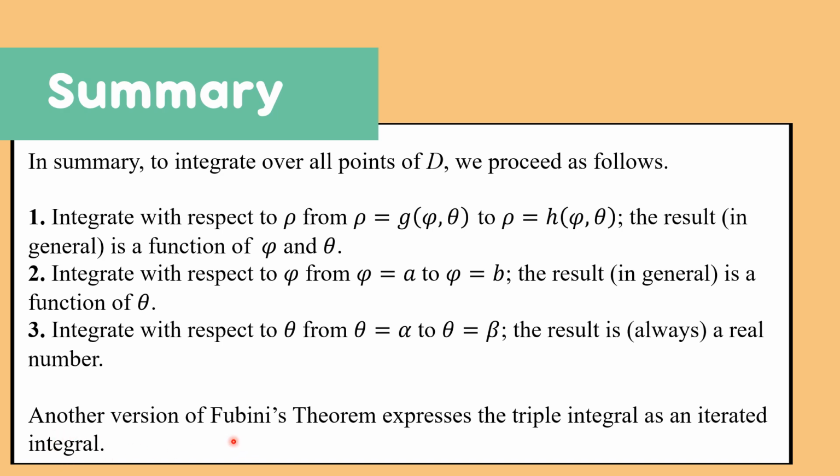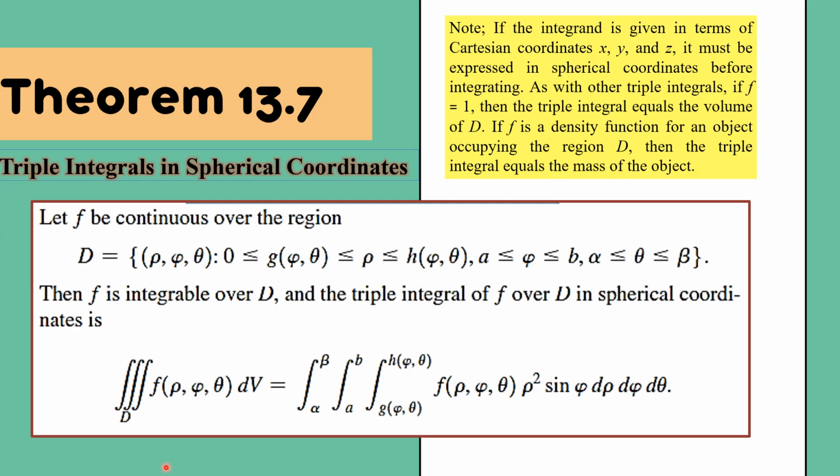So another version of Fubini's theorem expresses the triple integral as an iterated integral. Introducing this topic as a theorem, Theorem 13.7, we name it the triple integrals in spherical coordinates.